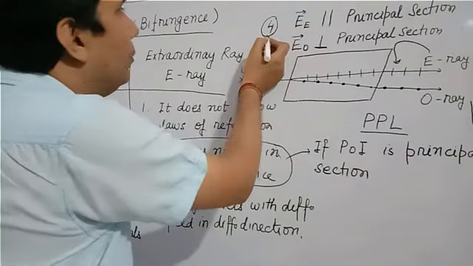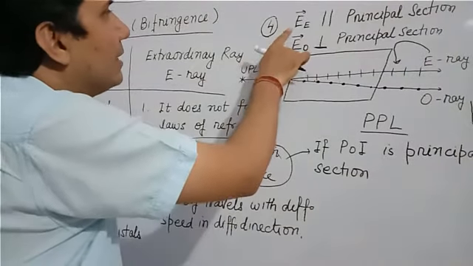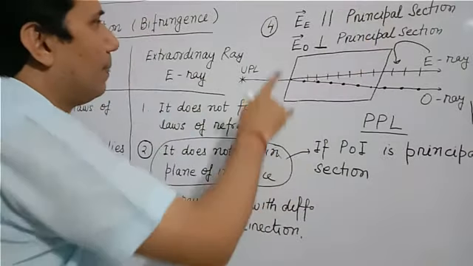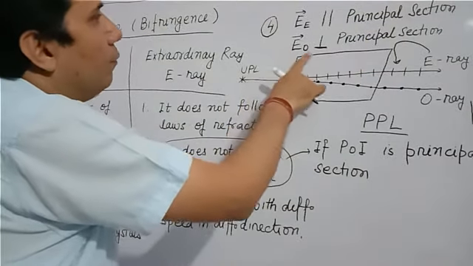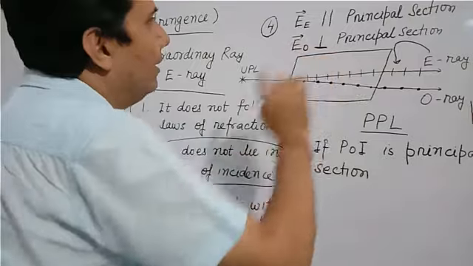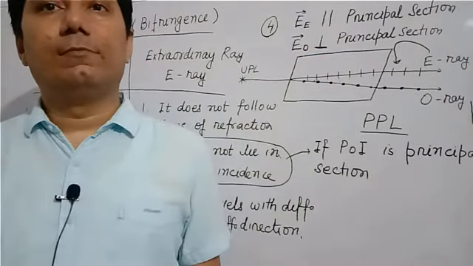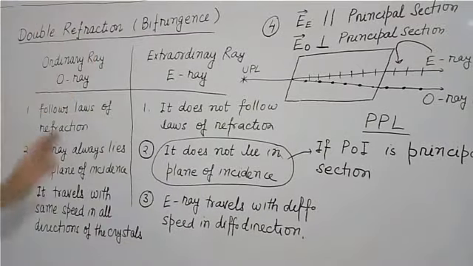And the most important point is this fourth one, that electric vector of E ray is always parallel to the principal section, while electric vector of O ray is always perpendicular to the principal section. So this is the difference between O ray and E ray.